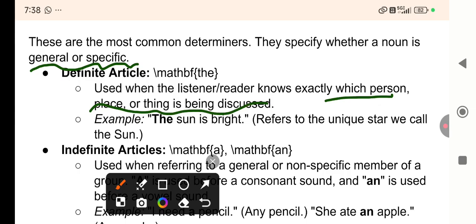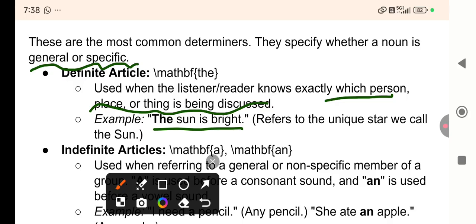For example, if I say the sun is bright, it refers to the unique star we call the sun. Or another example, suppose I say, please give me the knife. So I'm working with you in the kitchen, so I can say please give me the knife.